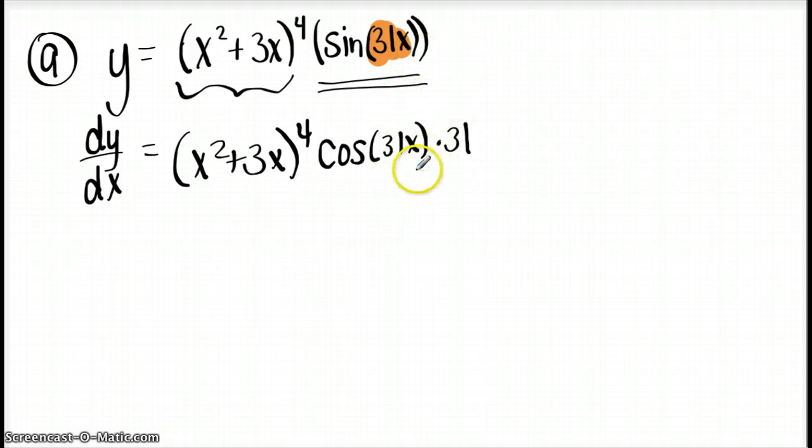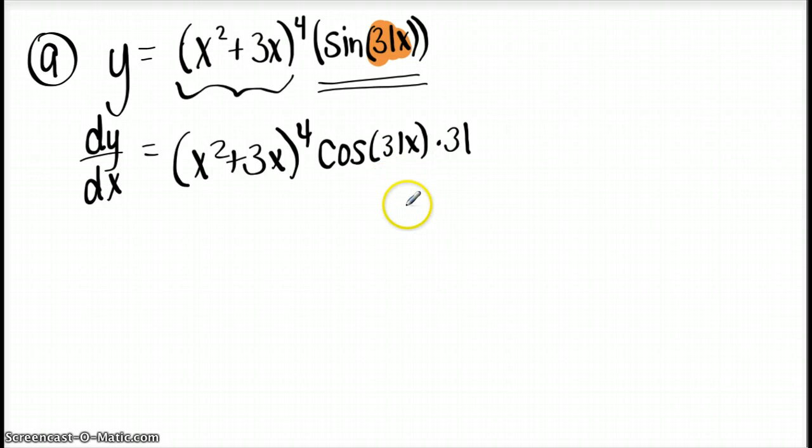Like the cosine and the 31? I don't have to put it in parentheses because there's no pluses or minuses. But again, more parentheses is okay. If you miss a parenthesis, not okay, right? So you still put the derivative of what's in the parentheses outside of it. Yes, yes.